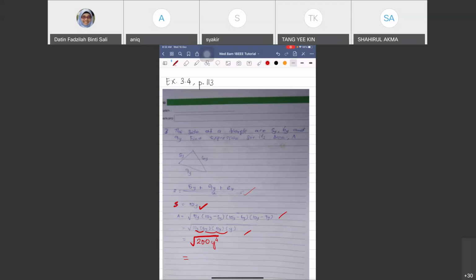You can say 10 square root of 2, and then y to the power of 4 is y squared. So it is the same as writing 10 square root of 2 times y squared. So your answer is in terms of this expression.